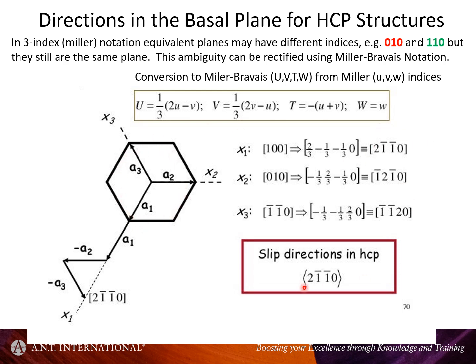And this just explains how the Miller indices, the small letters here, are related to the Miller-Bravais indices. What that means is that equivalent directions or planes, in this case x1 or x2 or x3, have the same combination of indices. And this can be used to define a slip direction or a slip plane.